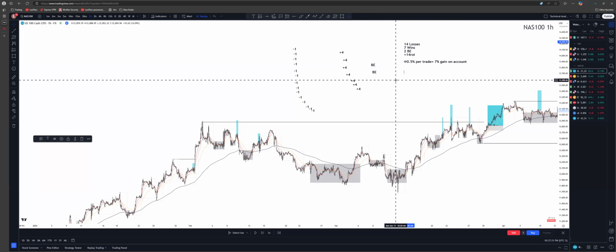And if we put it in perspective, if you are trading a, let's say, 50K, a 7% gain on 50K would be 3.5K. If you're trading 100K, that would be 7K. If you're trading a 200K funded, that would be 14K, and so on and so forth.